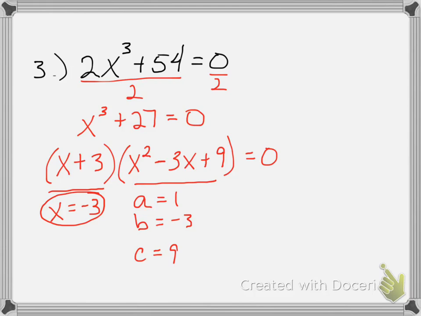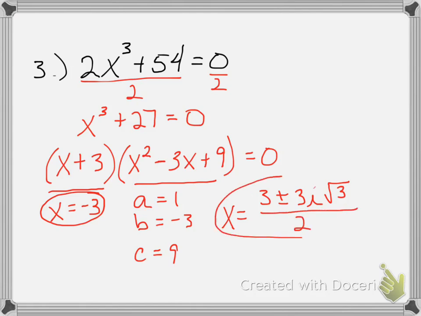And my other 2 imaginary answers are 3 plus or minus 3I. Don't ignore the I because that's what makes it imaginary. All over 2. So, 1 real answer and 2 imaginary answers.